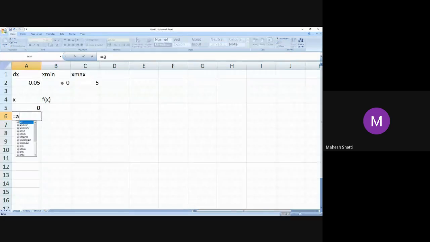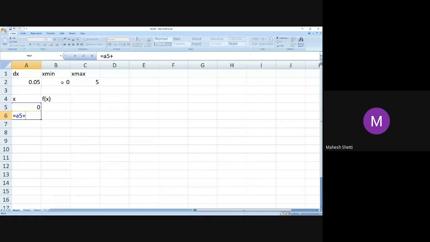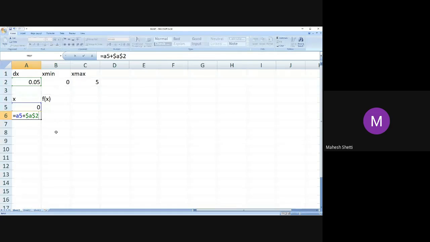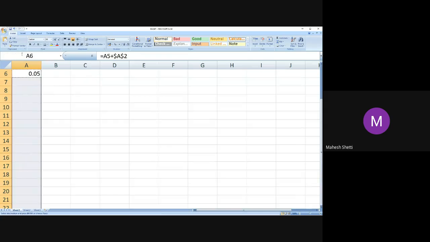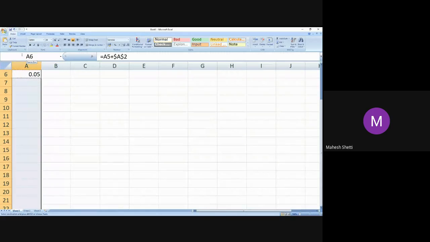And then I'm writing the formula A5 plus $A$2. Remember, $A$2 is to lock this particular cell A2, so that even when I copy and paste the formula to other cells down, A2 still remains the same. Now let me copy this, and I started at A5, so I have to go to A105. I have selected all these cells now, but I have not copied the formula yet. So I have selected up to A105.